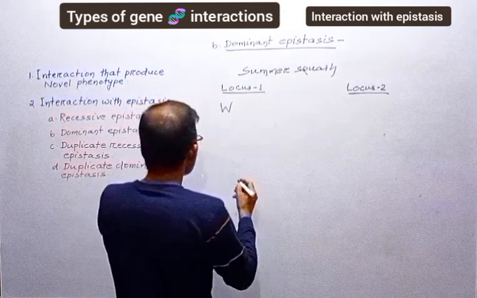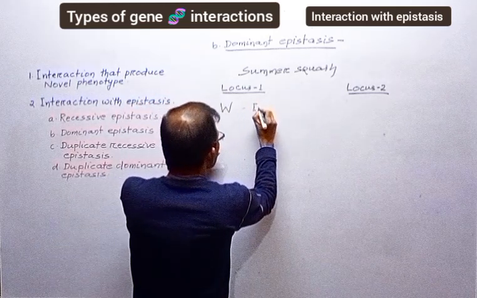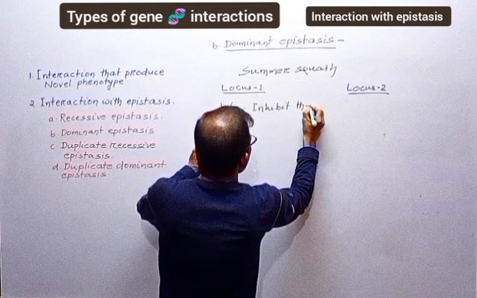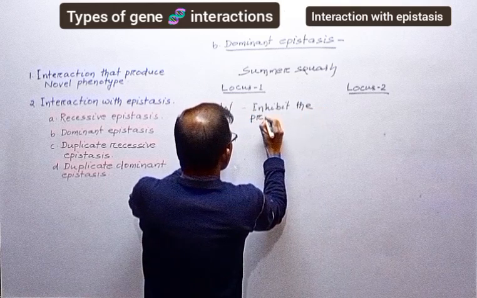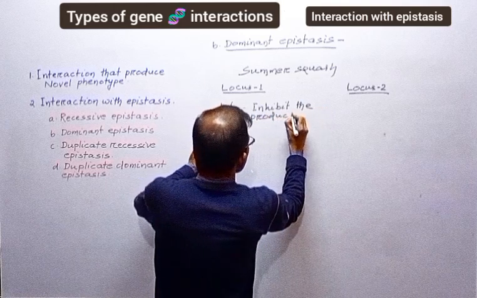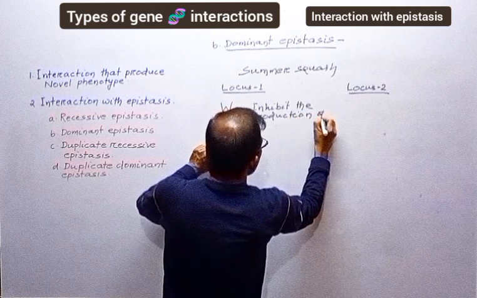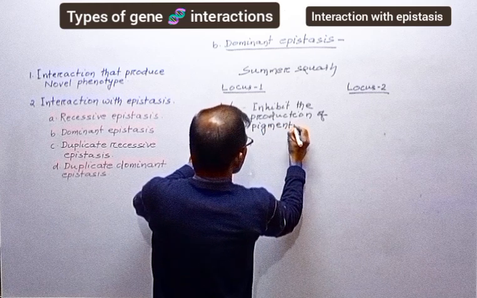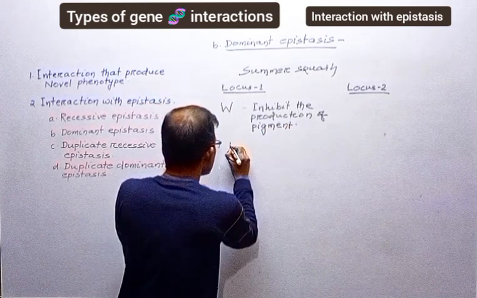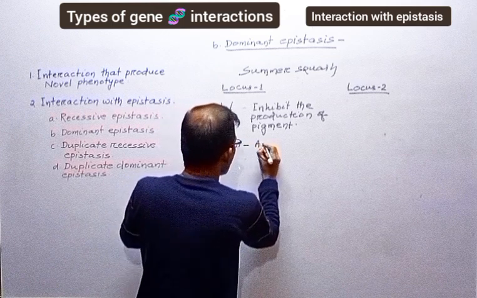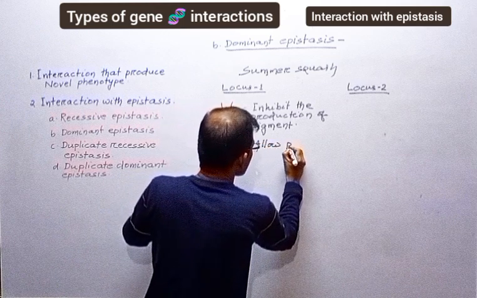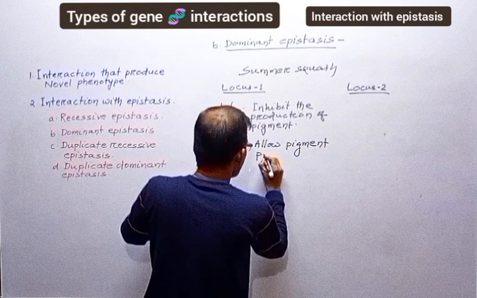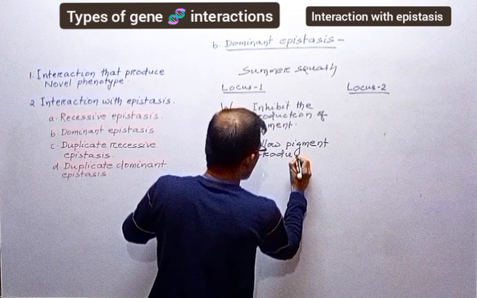The dominant allele of the first locus inhibits the production of pigments. As a result, fruits become white. Its recessive allele, when present in homozygous state, allows pigment production. As a result, fruits become colored.